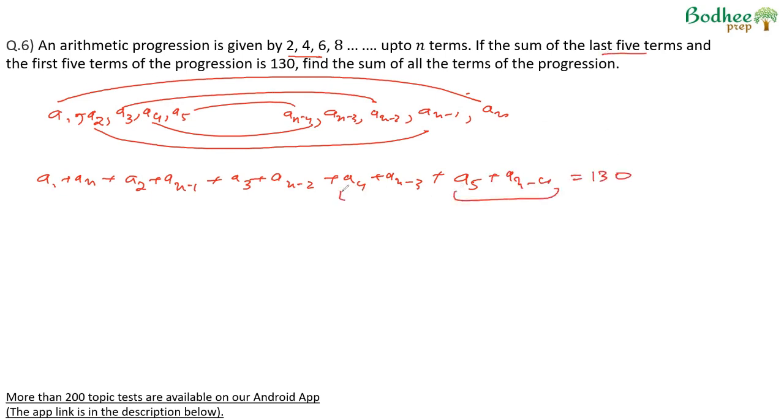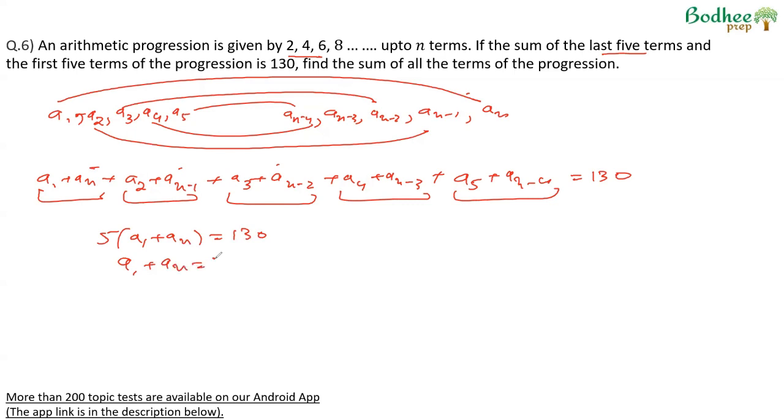Every pair will have the same value, and therefore we can say 1, 2, 3, 4, 5: 5 into (A1 plus AN) is 130, which means A1 plus AN is 26. We know that the first term was 2, therefore 2 plus AN is equal to 26, which gives us AN as 24.